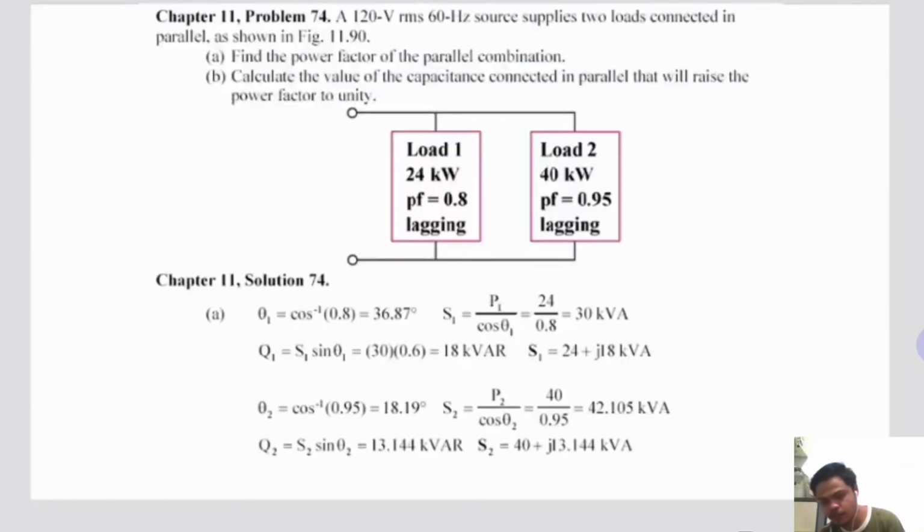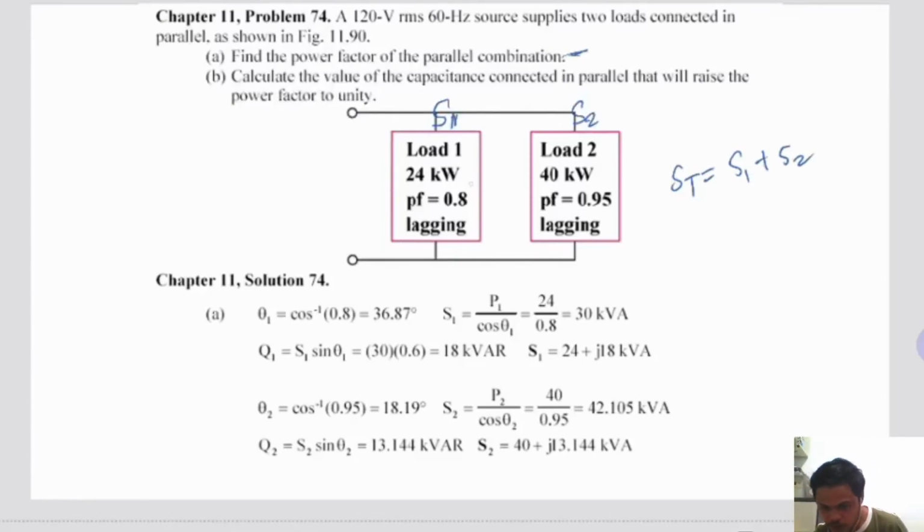For example, you have here two loads connected in parallel. Find the power factor after the parallel combination. Before you can do that, you have to determine the apparent power for the individual loads so that you can determine the total power in the system.